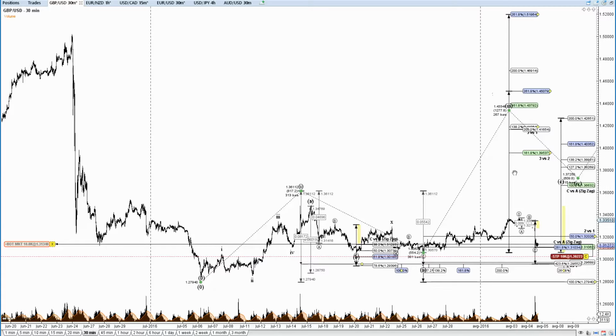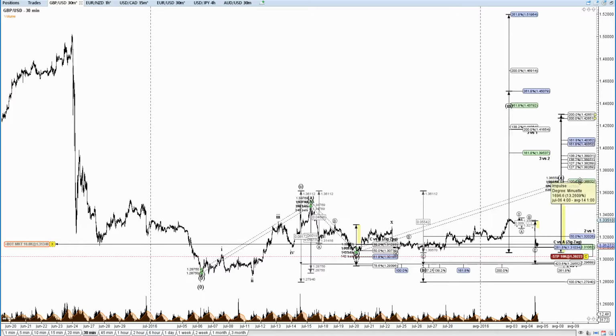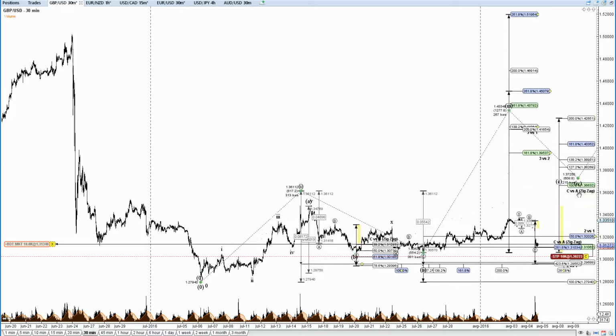So a lot of ratios there above current price. But again, this is what I expect at least. So the first target is again 1.3660 level.